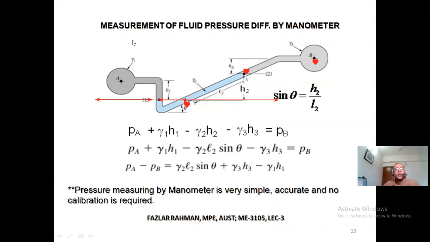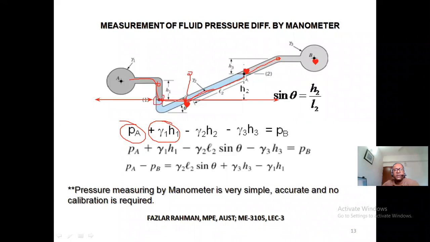So let's see how we can figure out. We'll walk down from point A, then coming over here. Coming over here means you're traveling vertical height right over here, right? You go over here, then you coming over here. So PA, you start at point A, pressure is PA. You're coming over here. Then the vertical height H1 is going down, so plus H1 gamma 1.